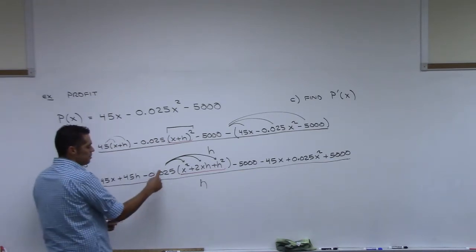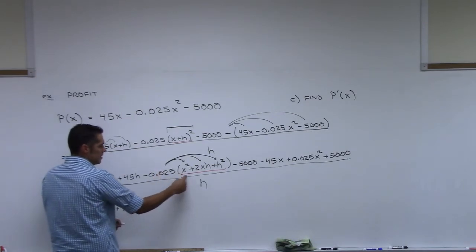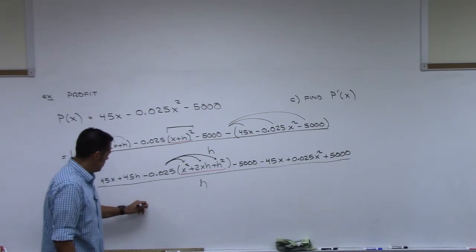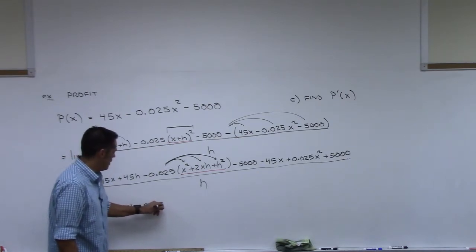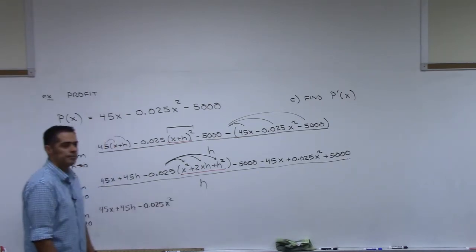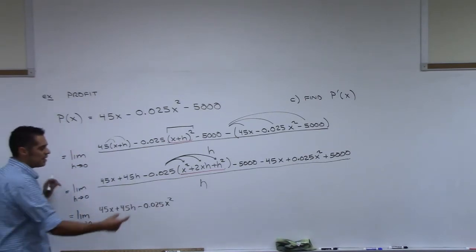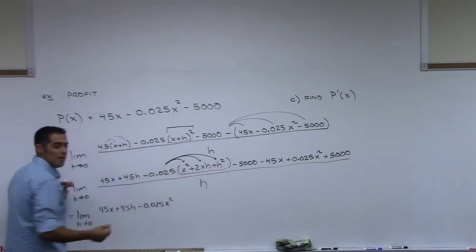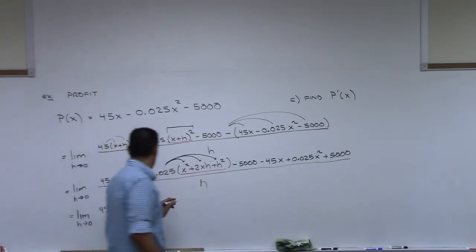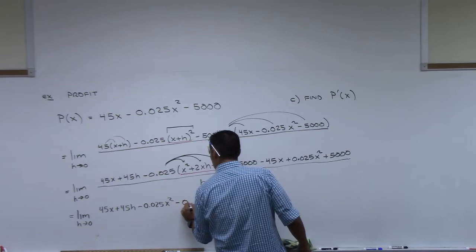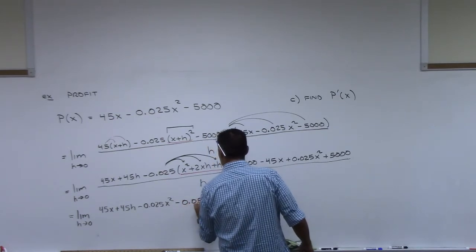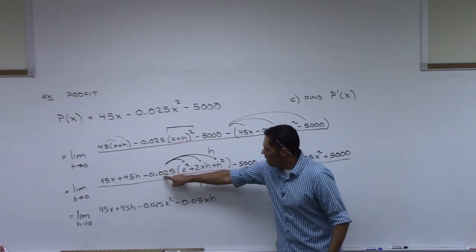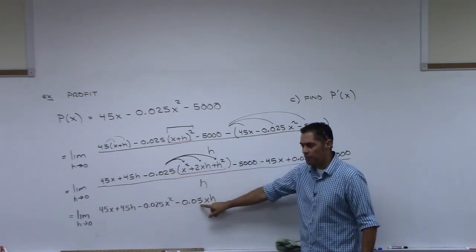And then this first multiplication of this times x squared should just be negative 0.025x squared. Now what about the second multiplication? This one times 2. It's going to come out to be minus 0.05xh. If you double that number, you get negative 0.05, and that's where that comes from.